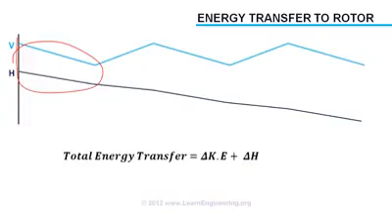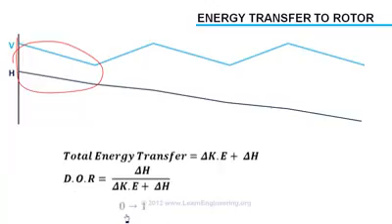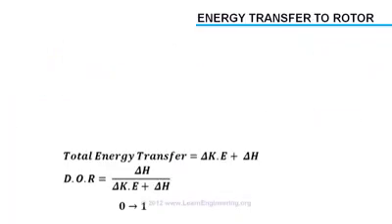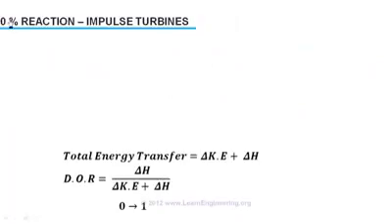This is defined in a term called degree of reaction, which is defined like this. So the value of degree of reaction could vary from 0 to 1. Suppose for a turbine the degree of reaction is 0, then such turbines will be known as impulse turbines, or 0% reaction turbines. In such cases the enthalpy energy change across the rotor will be 0, and energy transfer will be purely due to kinetic energy change.